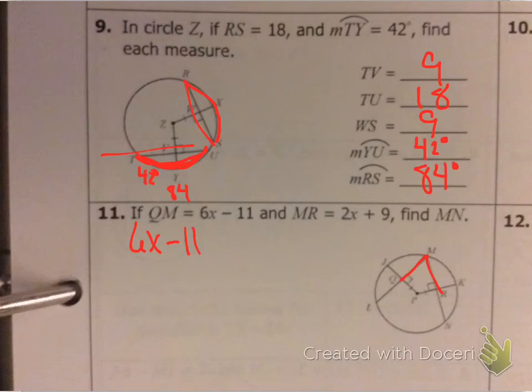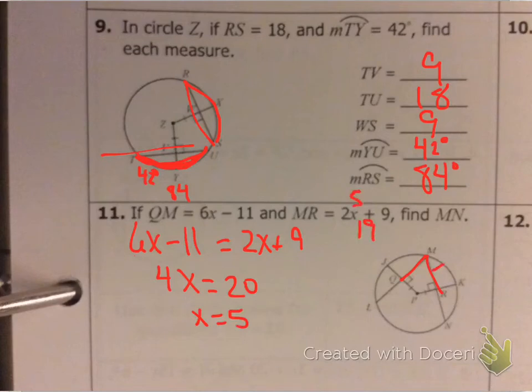So solve from there, and you get 4x is equal to 20, so x is equal to 5. Now, if I put 5 in here, I'm going to get 19. That's this right here. That means this is 19 also, so MN would be 38. Okay, so just keep in mind how you're working those out and going from there.